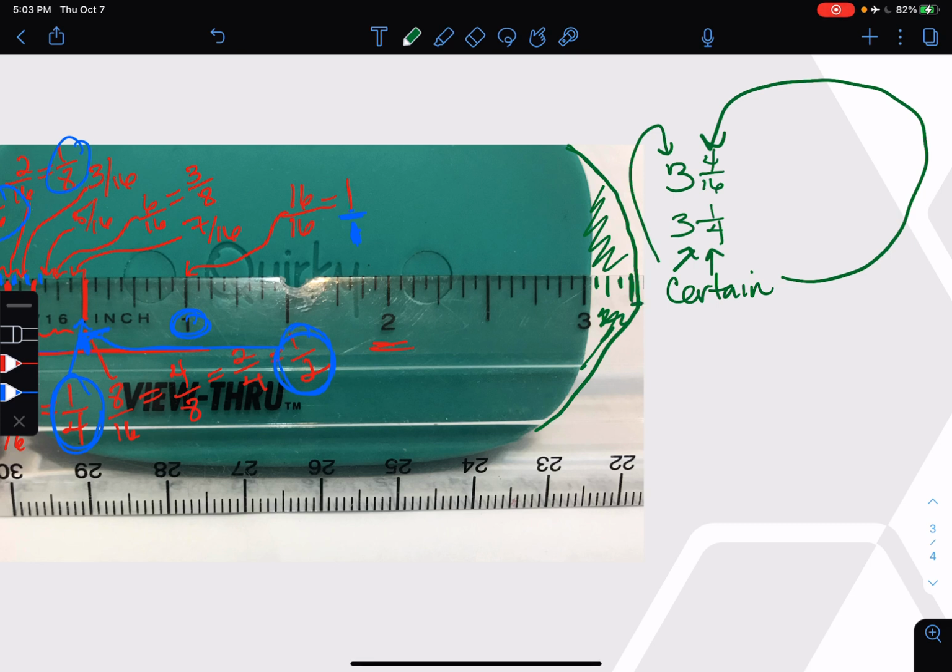You can barely make out the next dash that's right there. So what we would say is, in between 4/16 and 5/16, so right there is 4/16, which is also 1/4, and right there is 5/16, we're going to have a 32nd.